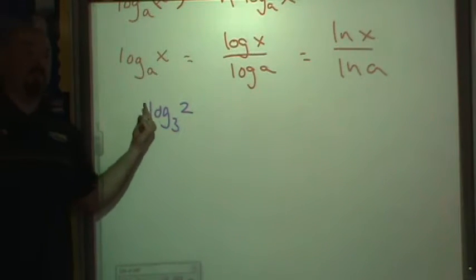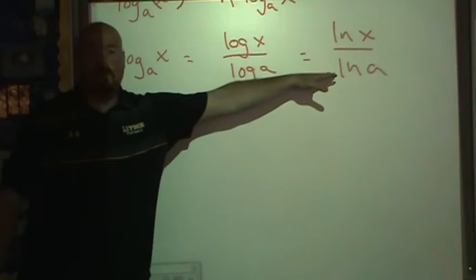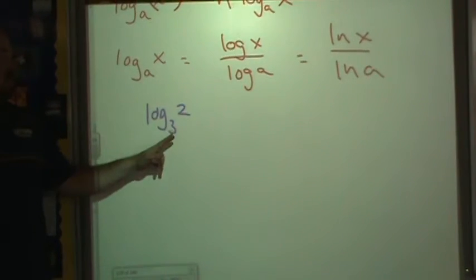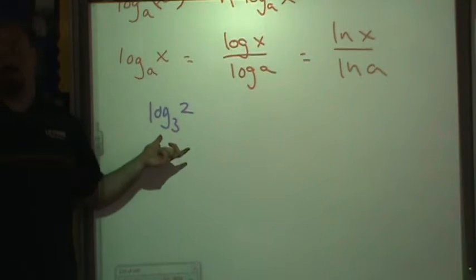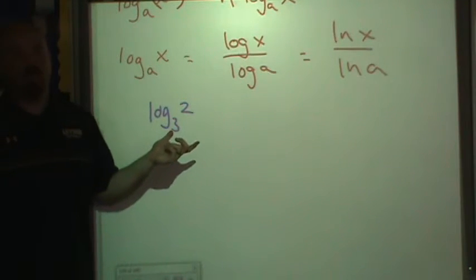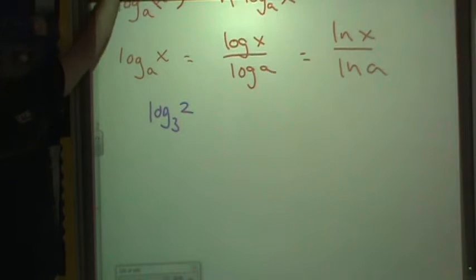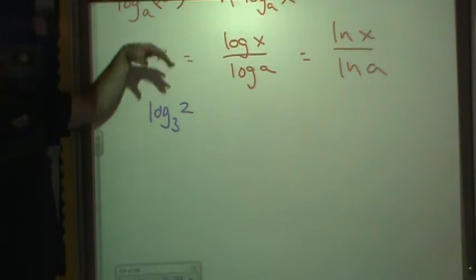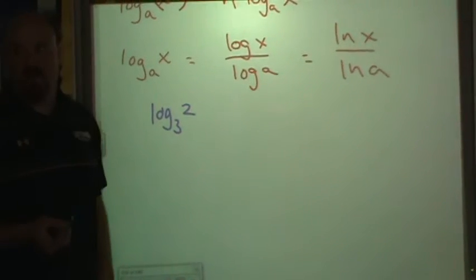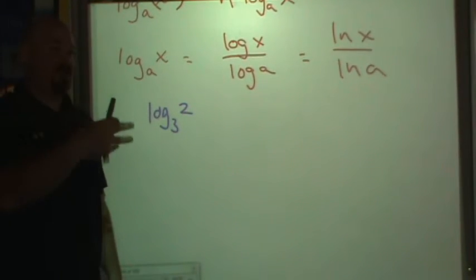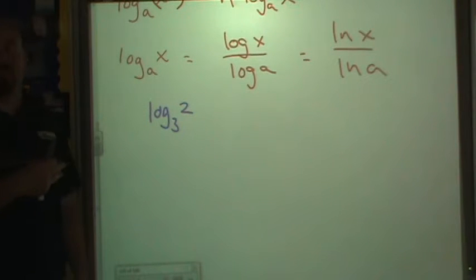Normally we see log base 10, or we see natural logs, okay? In this case, log base 3 of 2. You wouldn't be able to type this into a TI-83 or a TI-84 calculator. But through using some of these other properties, you can convert this into the quotient of logarithms. Notice the verbiage here, the syntax of the words.